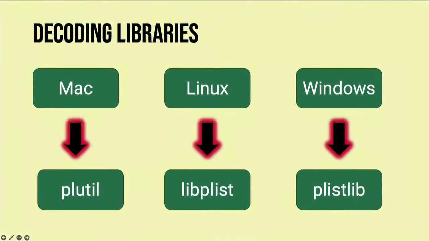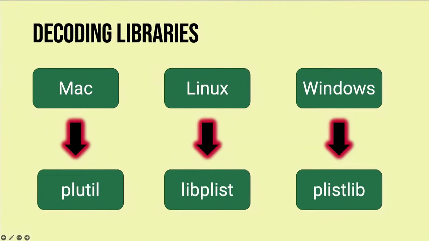So if we're trying to decode property lists, we have to account for all these different platforms. If you're taking a look at this on macOS, you might not even realize that you're dealing with a binary property list because it's using either plutil or any other kind of tool that's automated on the back end, so you have no idea that you're interfacing with anything encoded at all. But you start to notice issues if you start switching to different platforms like Linux and Windows.